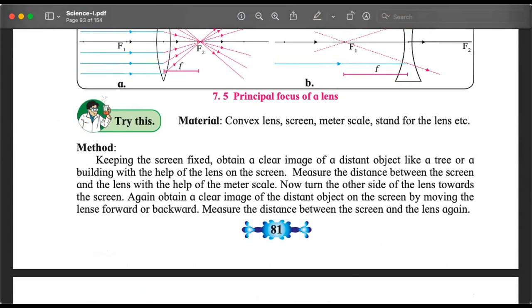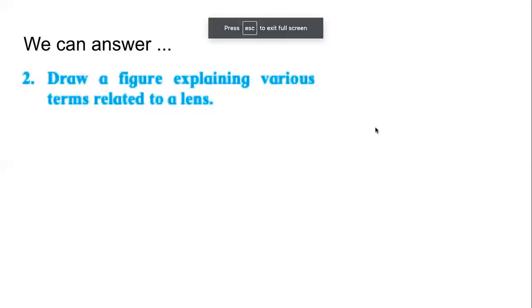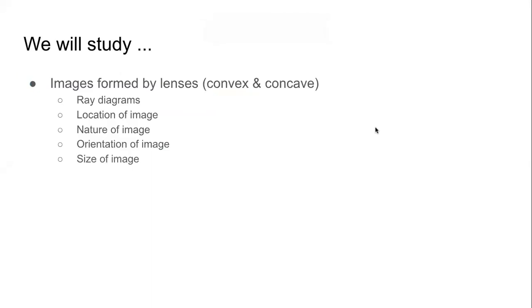Going back to the presentation. This is what we are going to study today, and we will get a lot of information. We will study how images are formed by lenses. And when we say lenses, we will discuss both convex and concave spherical lenses: biconvex, biconcave.